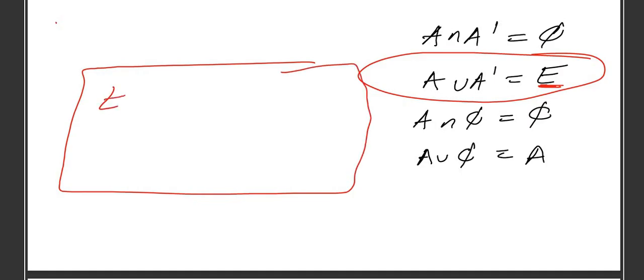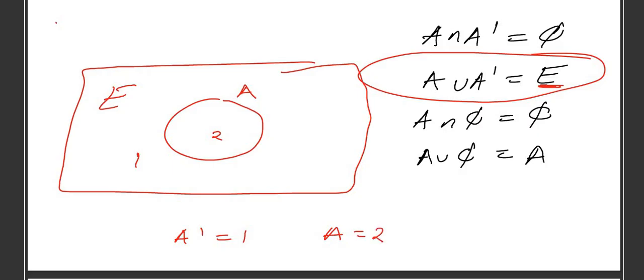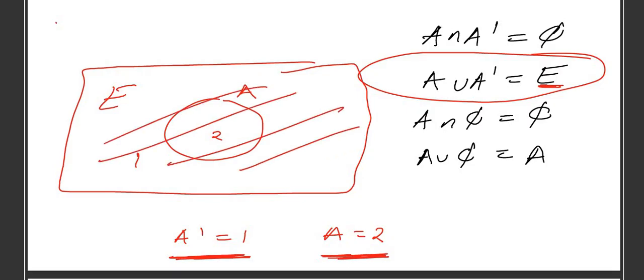Imagine you have a set like this, then there is A here. This is our A. There's 1 and 2. Things outside A is 1. Things inside A is 2. So the addition of everything outside A and everything inside A will give us the whole universal set.